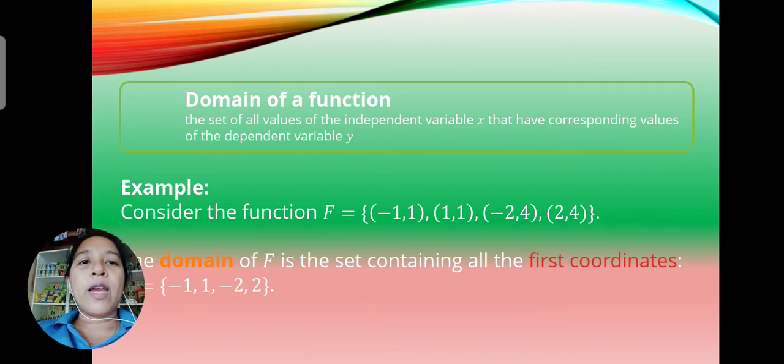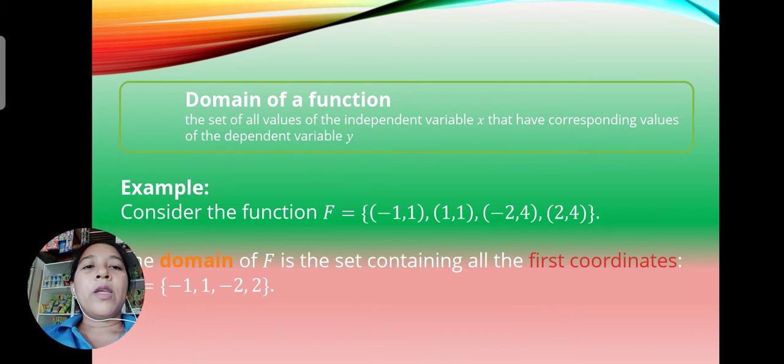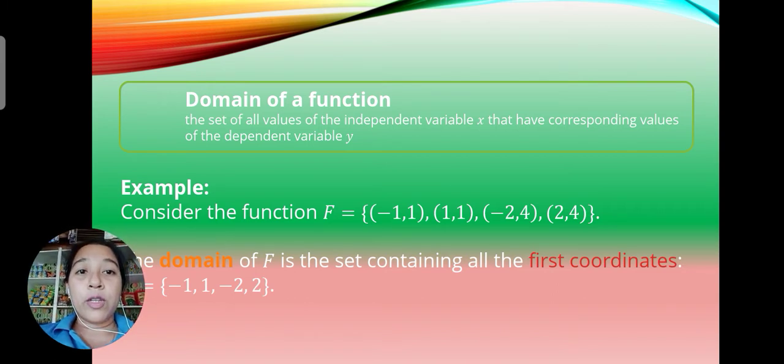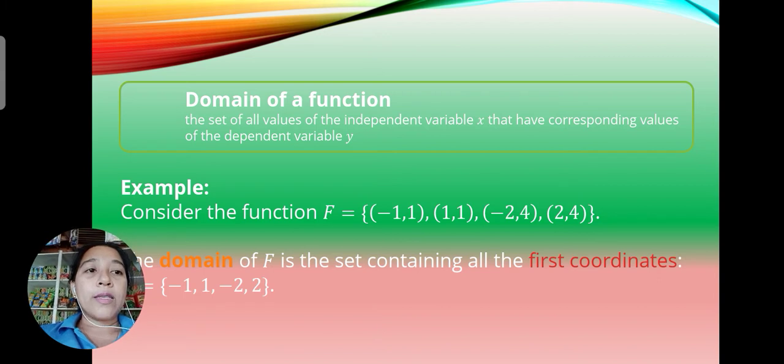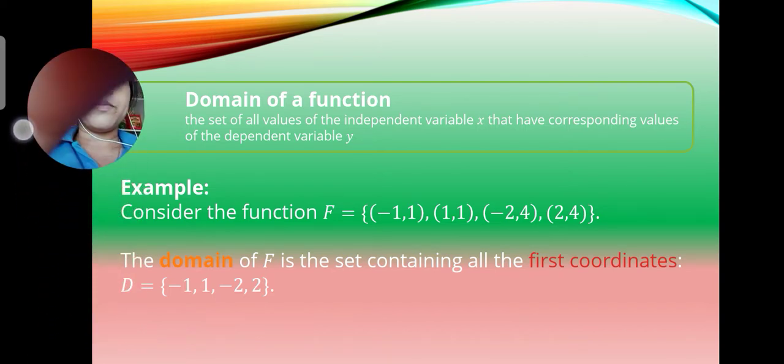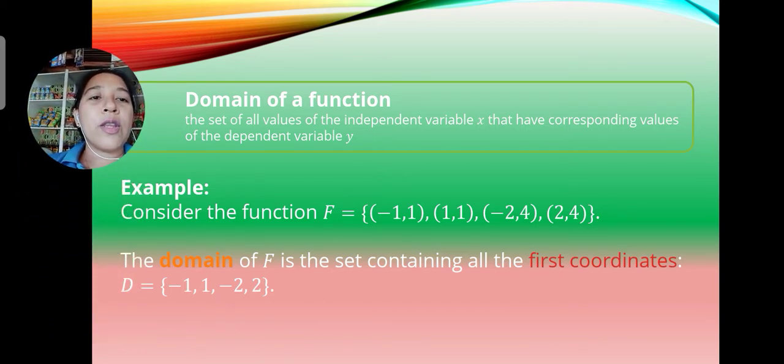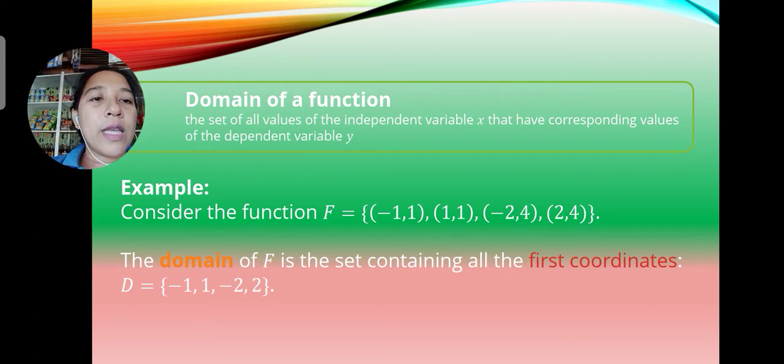We first define what is the domain of a function. The domain of a function is the set of all values of the independent variable x that have corresponding values of the dependent variable y. For example, consider the function f that has the ordered pairs (-1, 1), (1, 1), (-2, 4), and (2, 4).